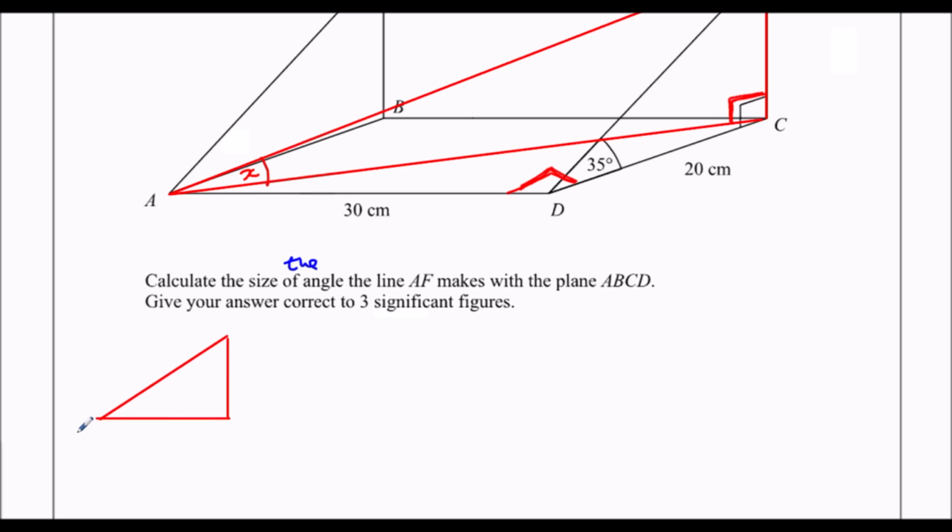So in triangle ADC, we've got a right angle at ADC. We know D to C is 20, A to D is 30, so we can find A to C using Pythagoras. So A squared plus B squared equals C squared. 20 squared plus 30 squared is going to be AC squared.